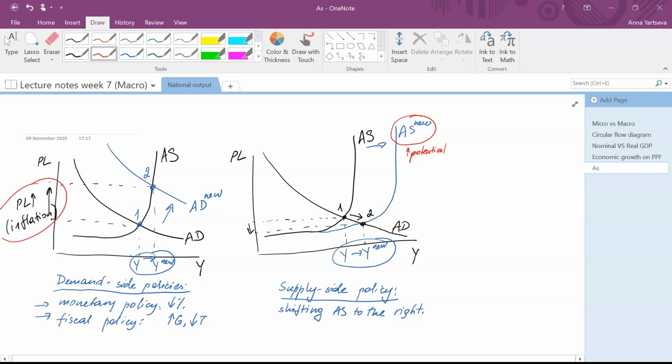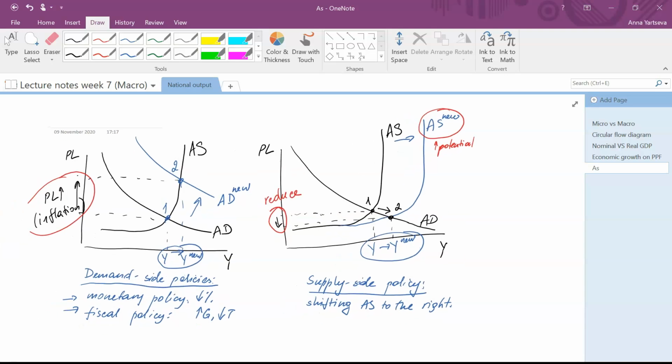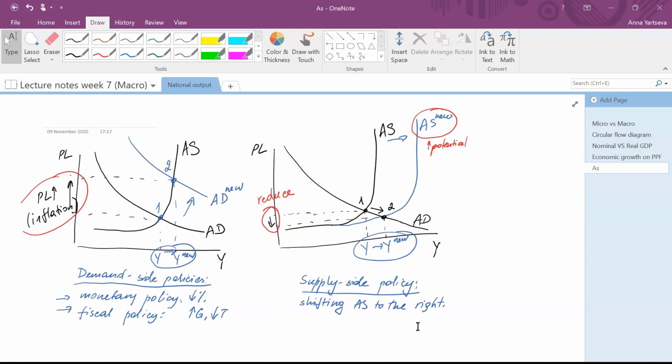Yes, we will achieve a higher rate of growth, but this growth will represent a growth in current output rather than potential output, while supply side policy will increase current output and will also increase the production potential of the economy. We'll come back to this slightly later in the course. And moreover, it will also reduce inflation, reduce the price level in the economy, which means that supply side policy is more productive, more effective, and more beneficial for the country.